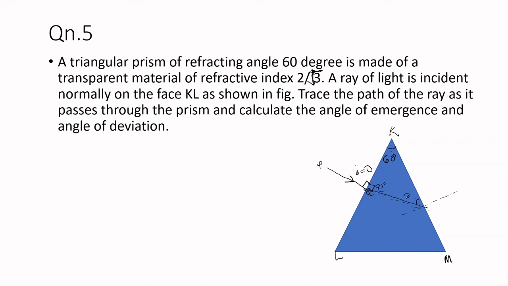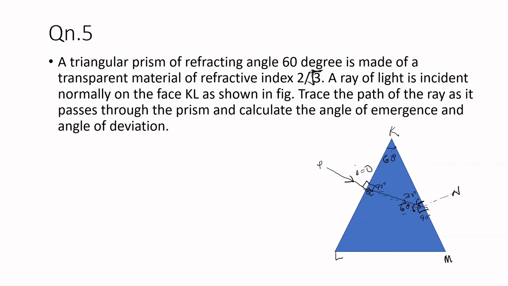So in this triangle the rest is 30 degree, and this completely is 90, and this also is 90 because this is a normal. So with 30 degree gone here, this will be 60 degree. So the angle of incidence of this ray on this face KM is 60 degree.